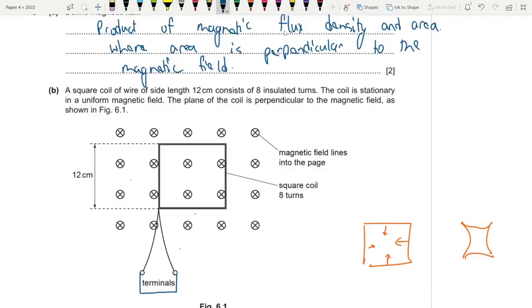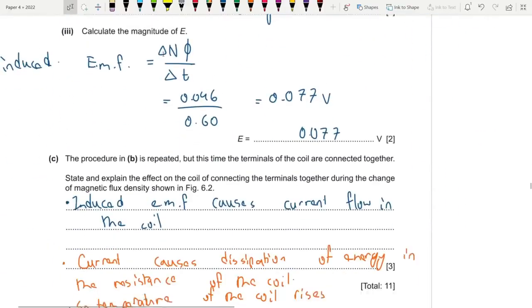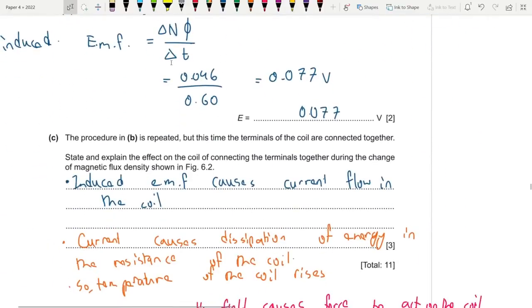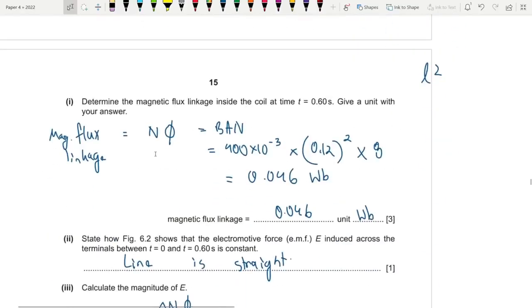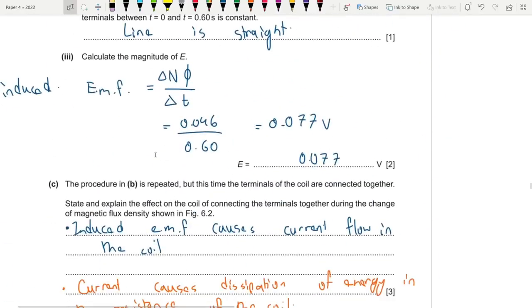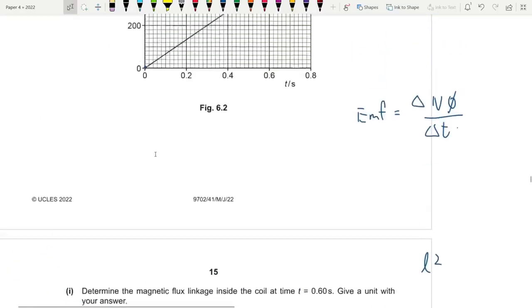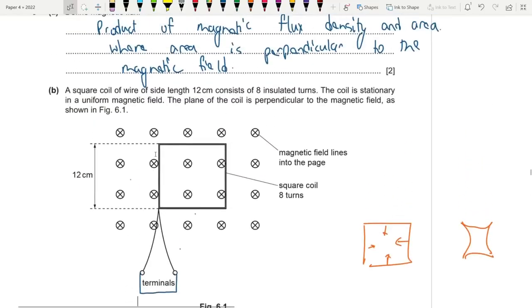Here's the question: there was a change of magnetic flux density, right? We know that according to Faraday's law, an EMF will be induced when there's a change in magnetic flux in the coil. That's what happens essentially.